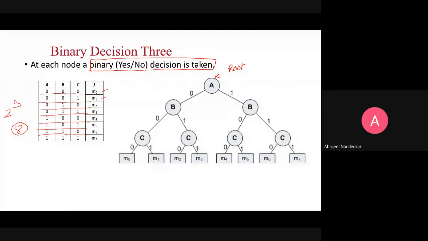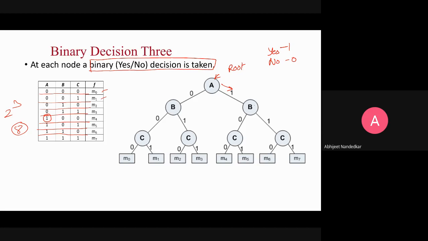You can have your own choice. Then I have said that each node has to take a decision yes or no. So here suppose yes is 1 and no is 0. Suppose I take a decision yes. So that means I'm moving in this direction, that is A is equal to 1. So you can see in this table, A is equal to 1 is here.